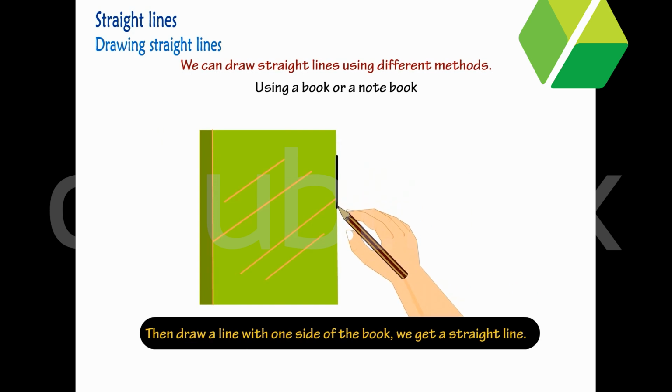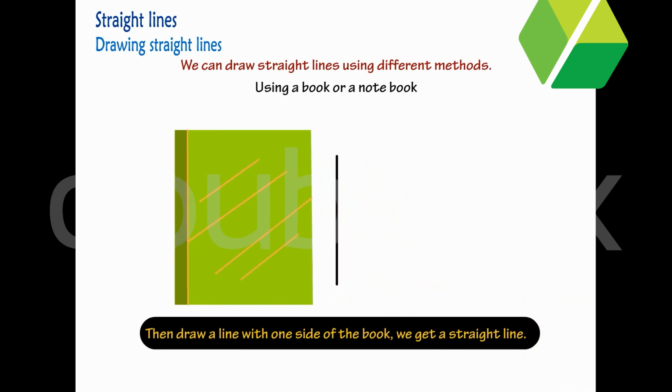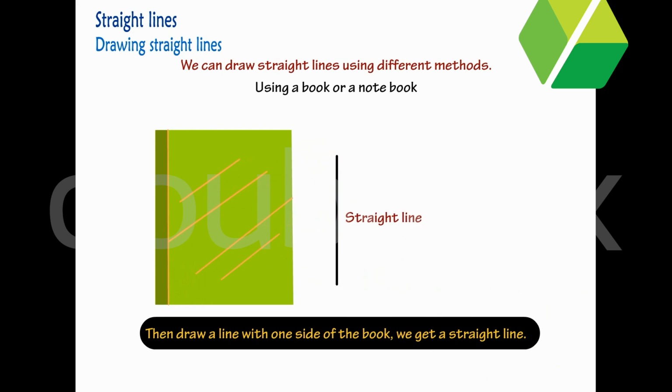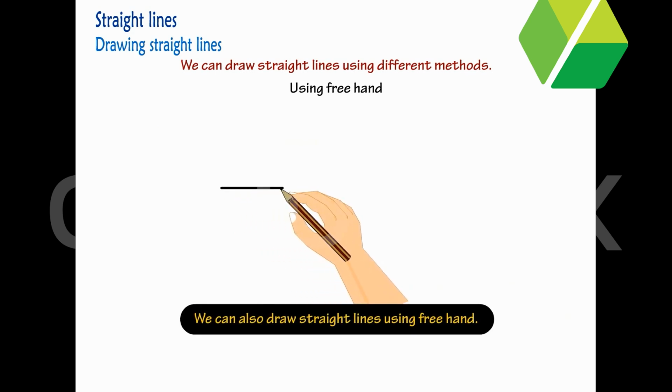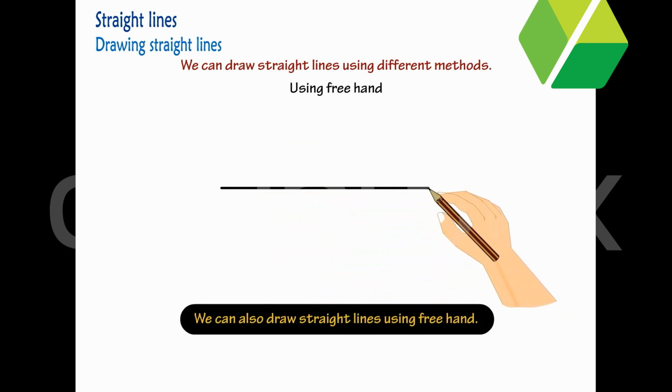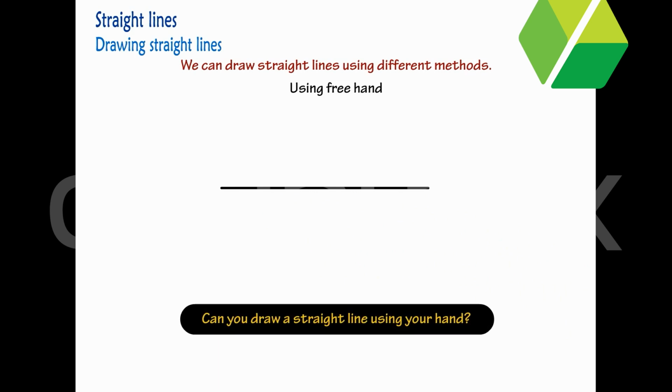Then draw a line with one side of the book. We get a straight line. Using freehand. We can also draw straight lines using freehand. Can you draw a straight line using your hand?